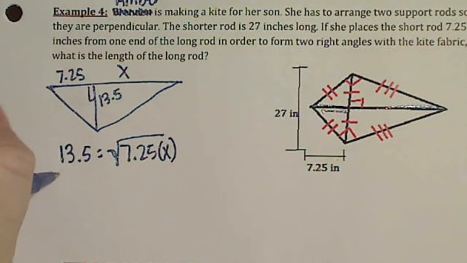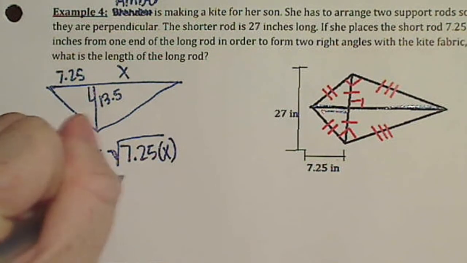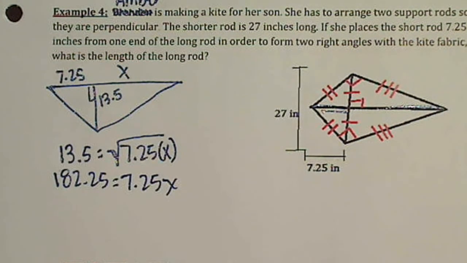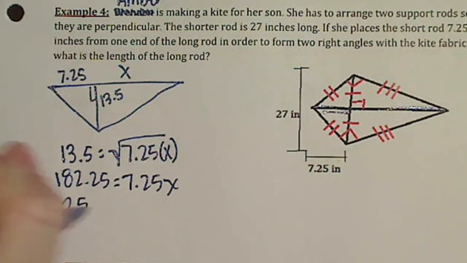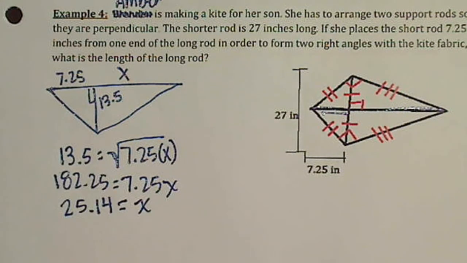Do not round your answers. Okay, now I have a simple one-step equation. How can I solve it? I can divide by 7.25, and I get a pretty large number, 25.14, we're going to round it to 4, equals x.